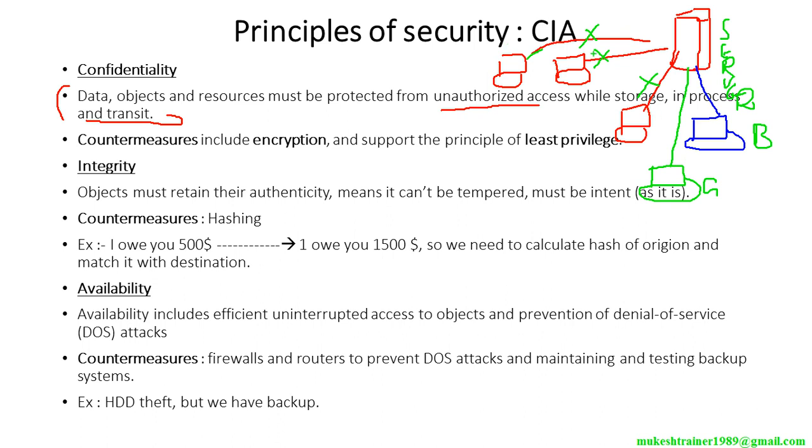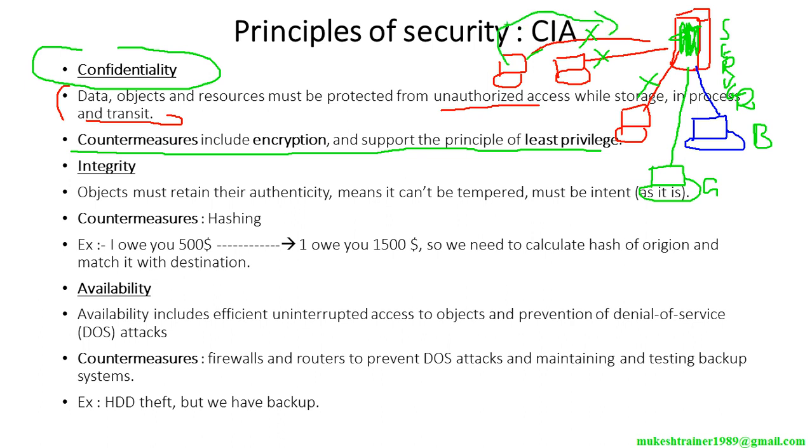So these 3 users cannot access and these 2 users can access the data. So that is called confidentiality. Countermeasures include encryption and supporting the principle of least privilege. So one thing we can also do is protect our data, our server here, with the help of passwords or encryption of data. So even if they try to access it some other way, they cannot, because the data is encrypted.